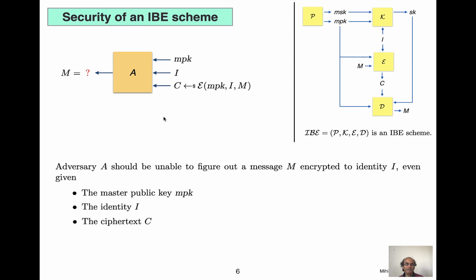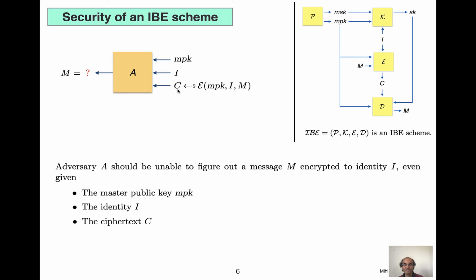Let's now consider security, and the adversary's task will be to figure out something about the message given the ciphertext. So of course the adversary knows the master public key because everyone does. And let's say it knows what is the target identity for the encryption.